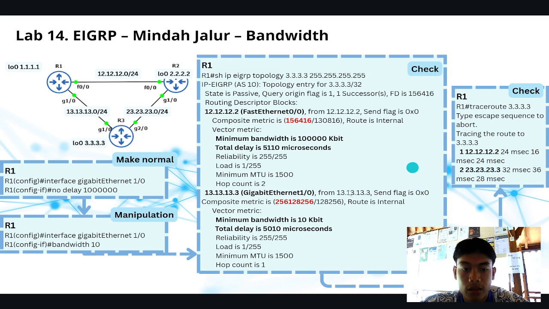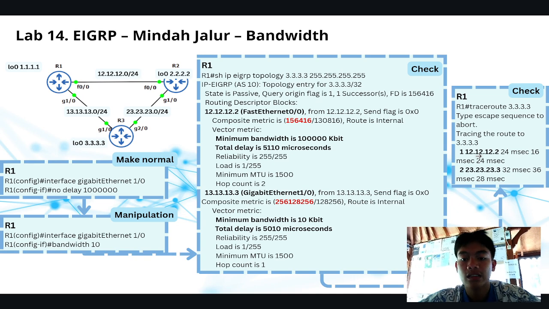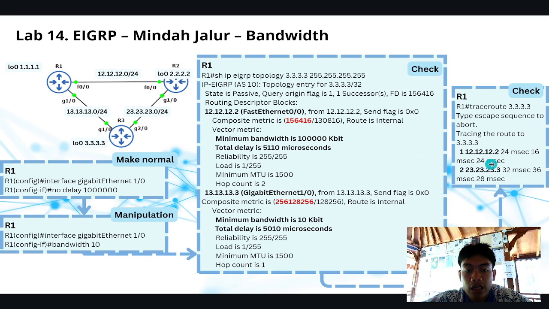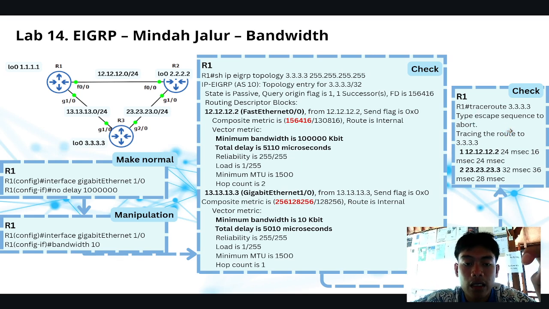Then the routing summary. This lab shows how EIGRP can be manipulated by changing the bandwidth parameter. Originally, router 1 preferred the direct link to router 3 because it had higher bandwidth. By lowering the bandwidth on the router 1 to router 3 link, its metric increased.